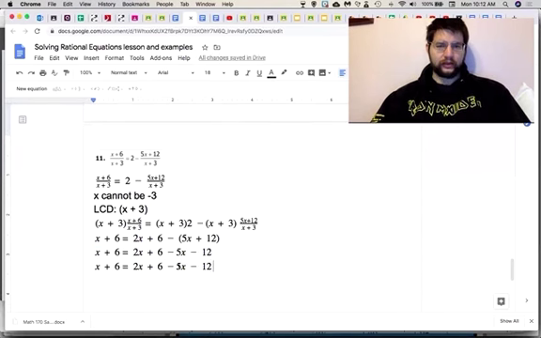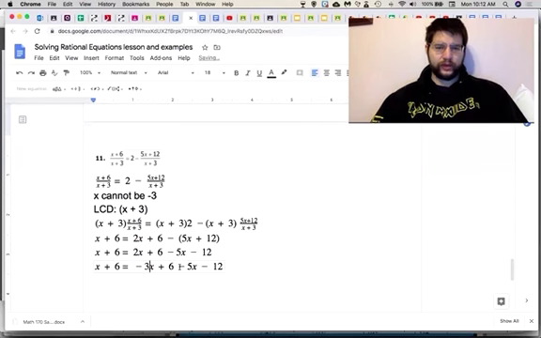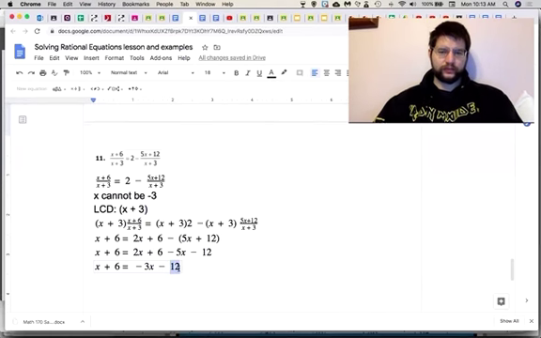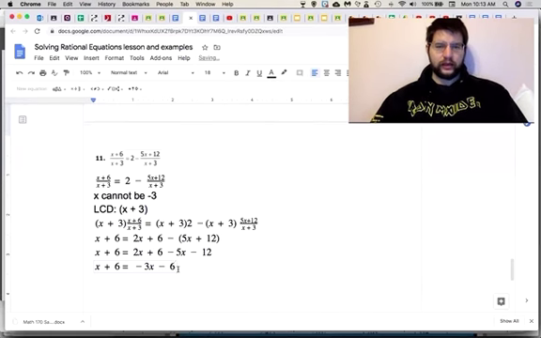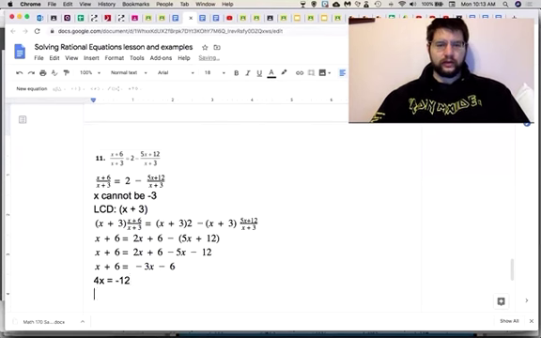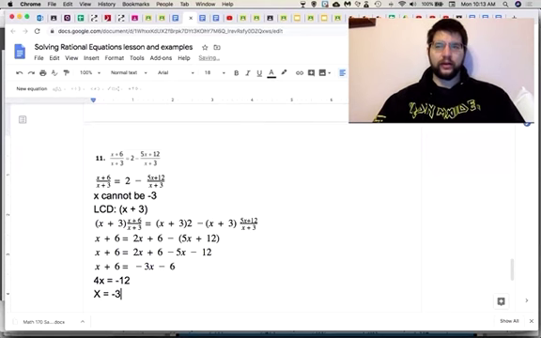Combining like terms, 2 minus 5 is negative 3x. 6 minus 12 is negative 6. I'm going to get my x's on the left, sorry. 4x equals negative 6 minus 6 is negative 12. Divide through, I get x equals negative 3, and I'm done, right?